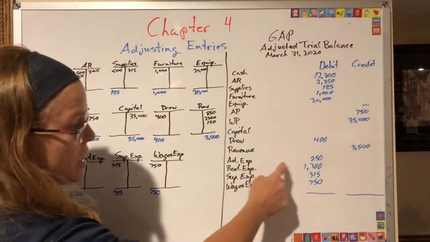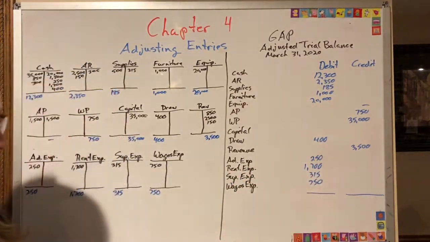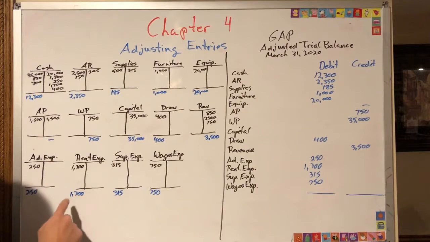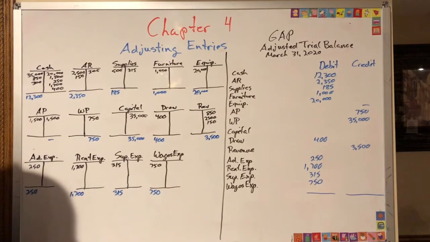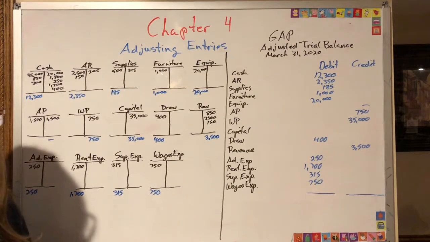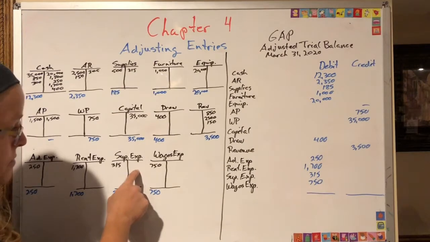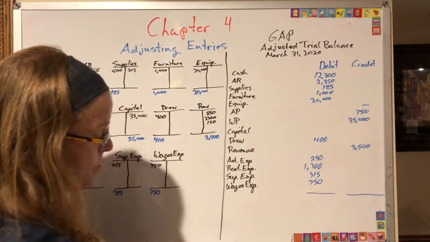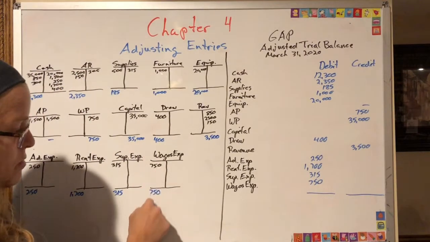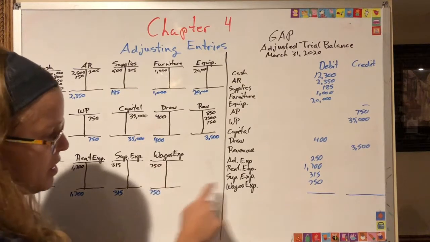Then we have our advertising expense, which stayed the same. Our rent expense stayed the same, $1,700, and we added our supplies expense and wages expense, because when you have a debit, you have to have a credit, right? So we have supplies expense added, $315, that's debited, and we have our wages expense, which is a debit here.